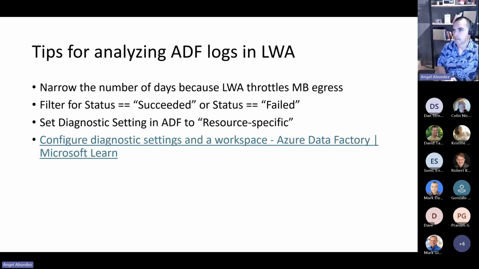The other thing we found is that we only needed two statuses of ADF pipeline runs. What I mean by that is in Log Analytics, it will log every state of your pipeline. It'll log when it starts, when it's in progress, if it succeeds, if it fails, if it's canceled, and I think even if it's rerun.